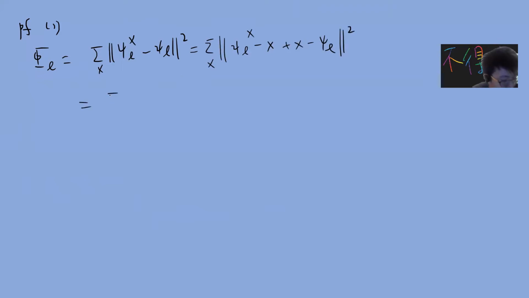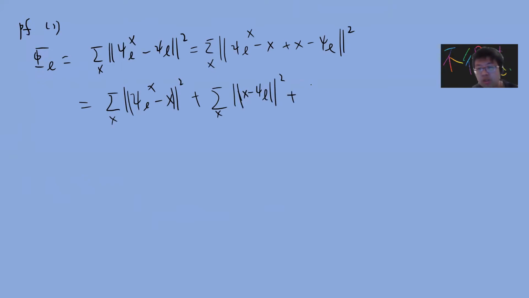So this is exactly x, phi L x minus x squared plus x and x minus psi L squared, and also this inner product. But I can just make it greater or equal to, and then minus 2 times the inner product with the length of the inner product.